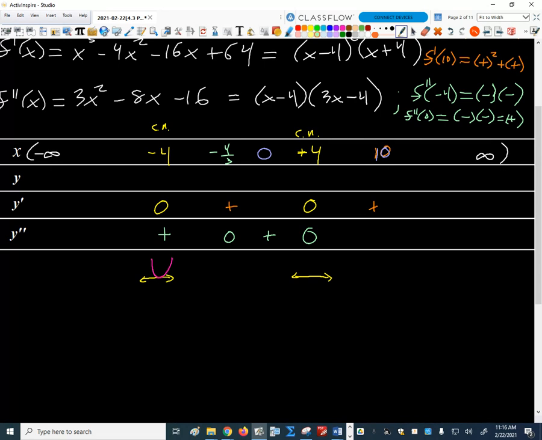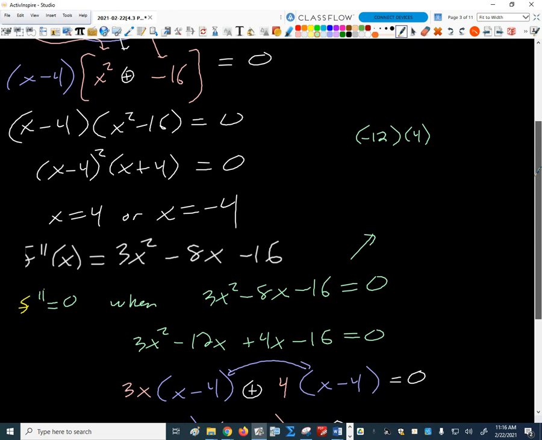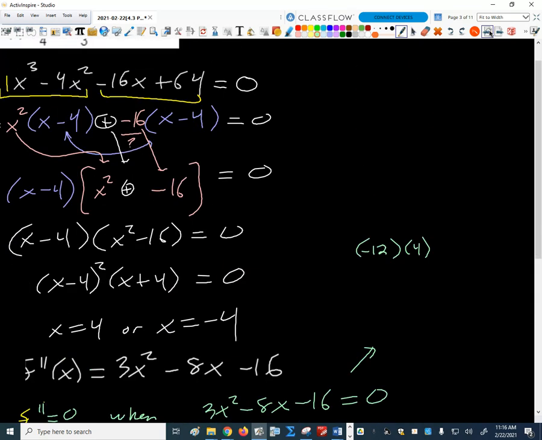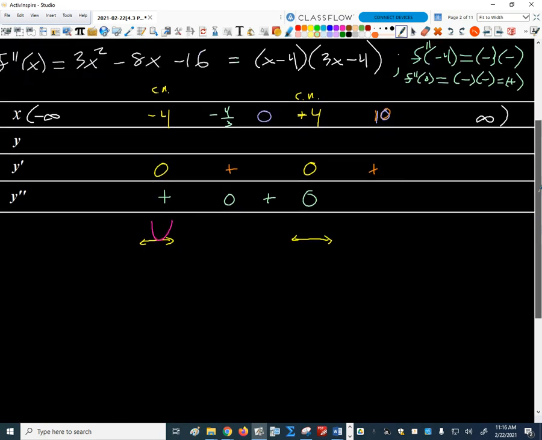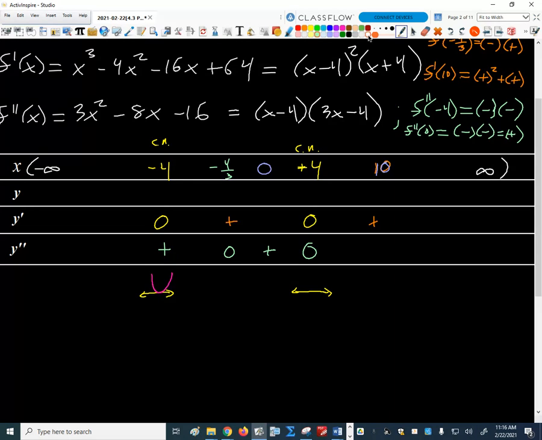Did I write that down wrong? I think I did. Isn't that supposed to be a 3x plus 4? It is. Okay, no wonder. That didn't seem like it was working out right. That's supposed to be a 3x plus 4.